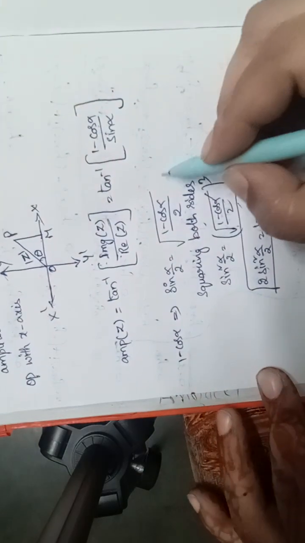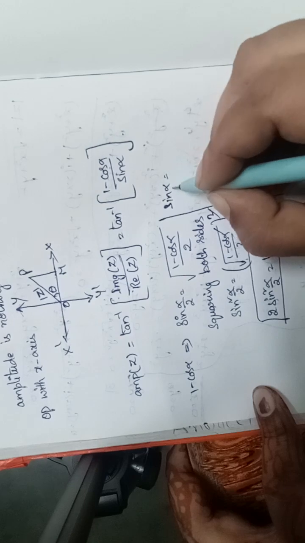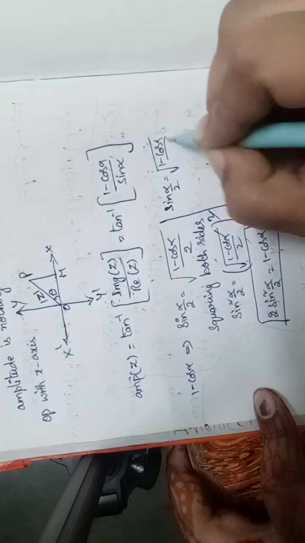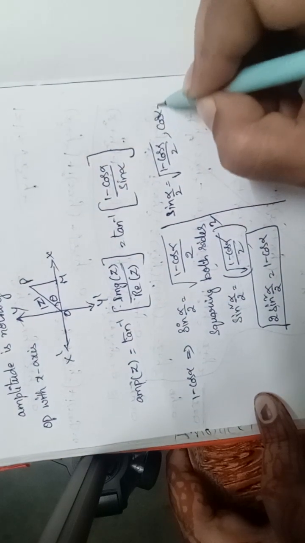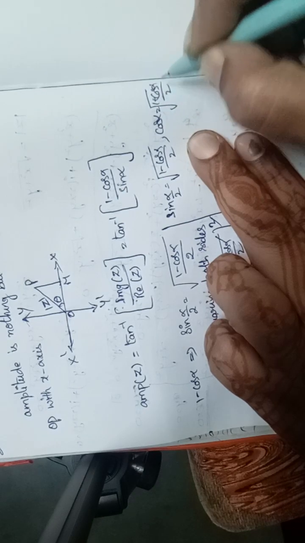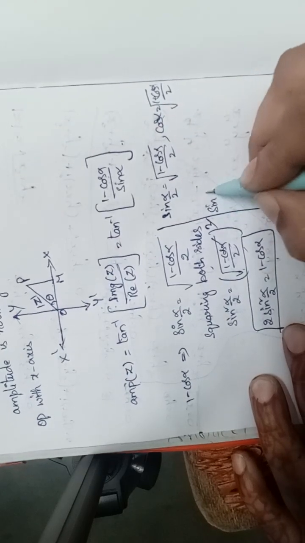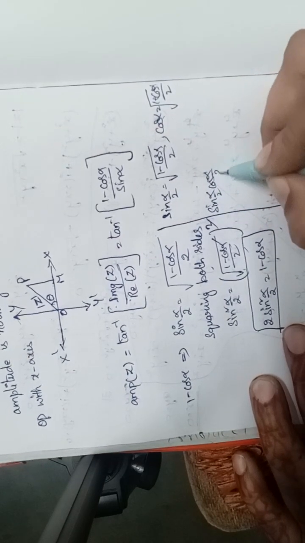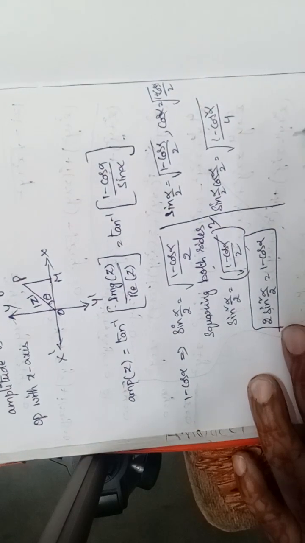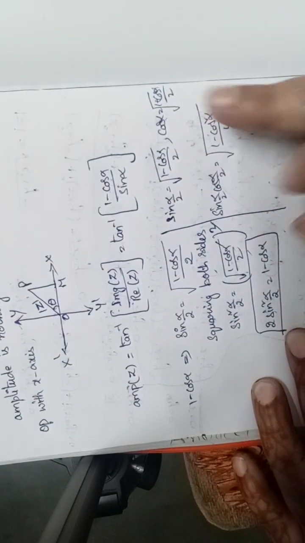Next, how will we get sin alpha? Let us see. Sin alpha by 2 equals root of (1 minus cos alpha) by 2, and cos alpha by 2 equals root of (1 plus cos alpha) by 2. Now you multiply these two. Sin alpha by 2 cos alpha by 2 equals root of (1 minus cos square alpha) by 4, using (a minus b)(a plus b) equals a square minus b square.